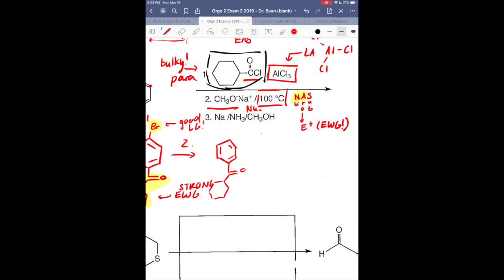But with your electron withdrawing group, you have two different mechanisms for NAS. What are the two different mechanisms, for anybody that's actually watching this at the live time that I'm going to post it? You have addition, elimination, and then you have elimination, addition.